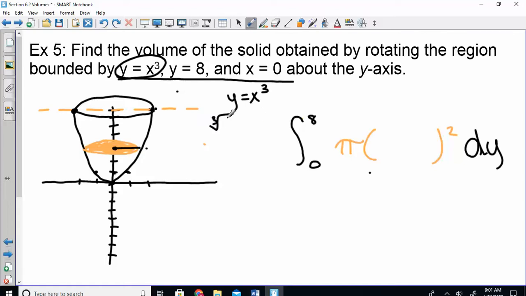The opposite of a cube is the cube root. So this is the cube root of y for my radius. And again, we have to use that as an equation instead of just a number because the radius changes depending on where you're at on that solid.